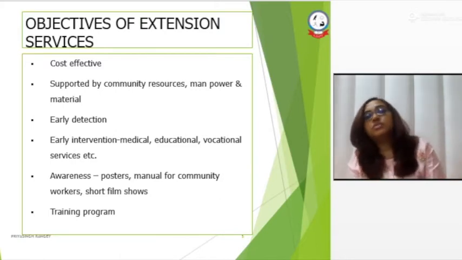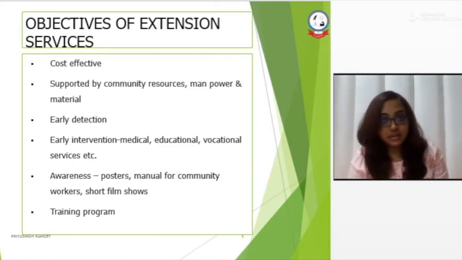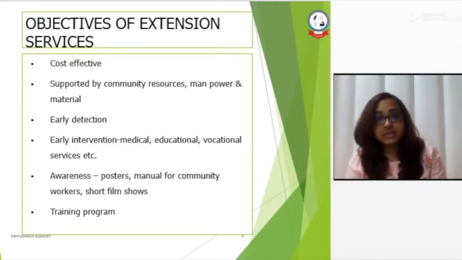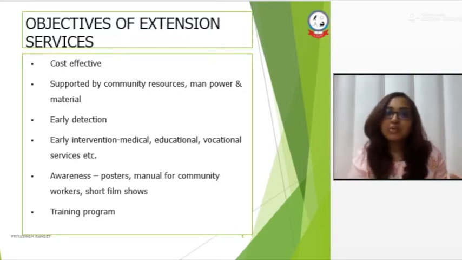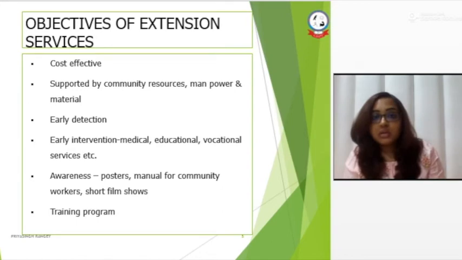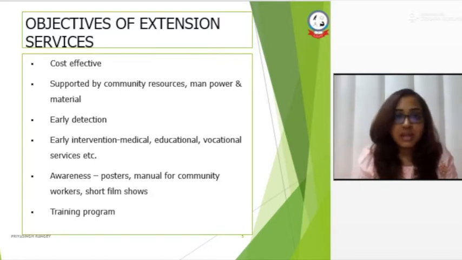Because of extension services, we can see early detection of many disorders, and because of this early detection, we can prevent certain impairments, we can prevent disability, we can prevent handicap. So early detection is again something that is required in today's scenario.